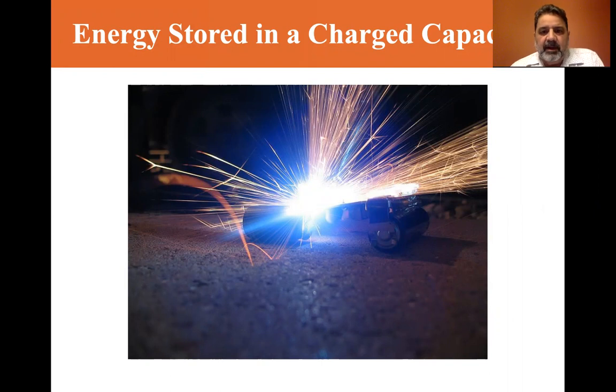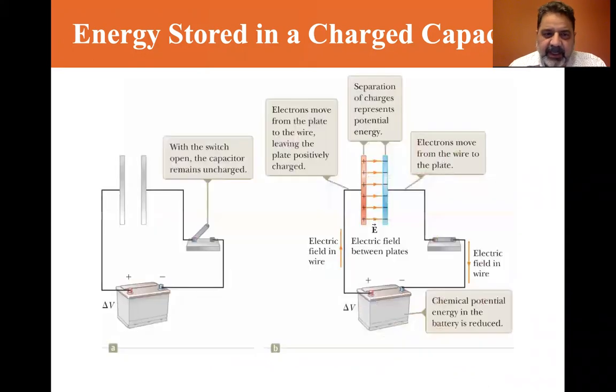So know what you're doing before you discharge a capacitor. It's better to discharge it through a resistor, so there's no instantaneous current. But the point is that there is energy stored in a capacitor. You've got charge, you've got a voltage across it, so there is energy stored, and we're going to study that.